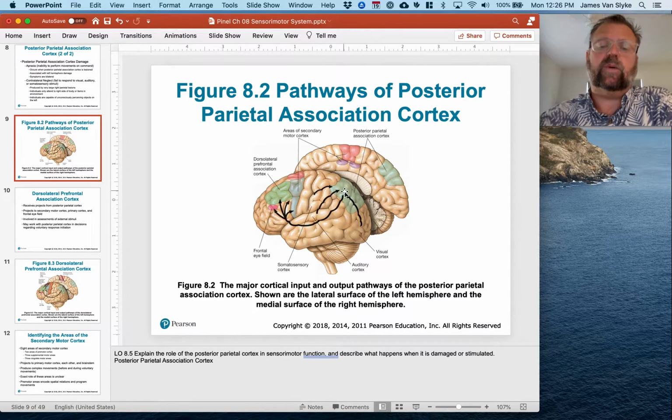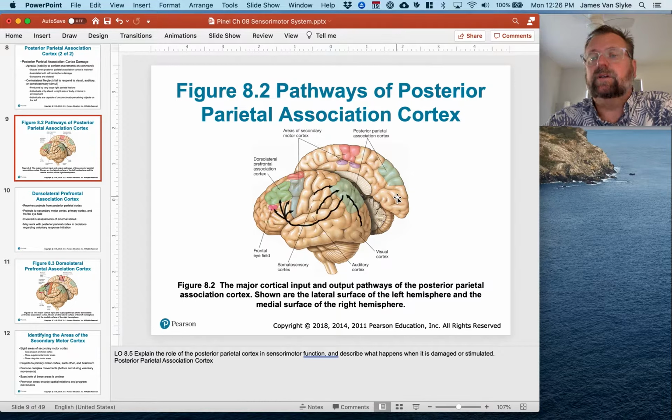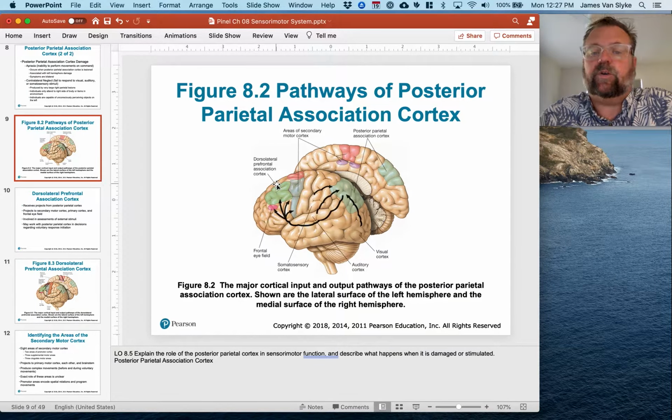And you can see, although it's not highlighted here in the color, right here is your central sulcus, here's my motor cortex, and then here's my somatosensory cortex. And so posterior parietal cortex is receiving information from all those, and then sending that information up to the dorsolateral prefrontal association cortex, the frontal eye field, and then areas of secondary motor cortex.